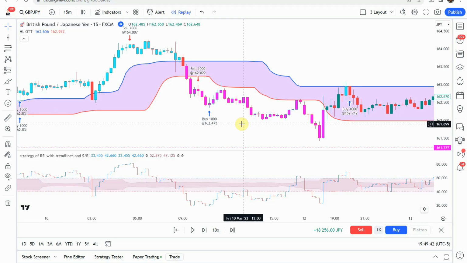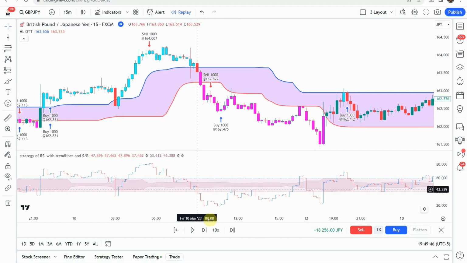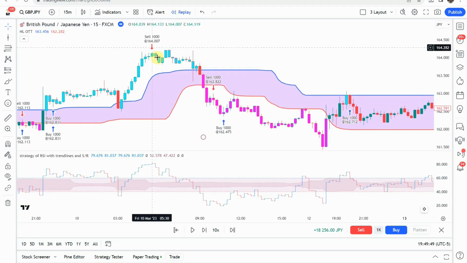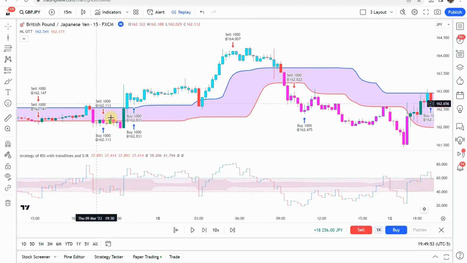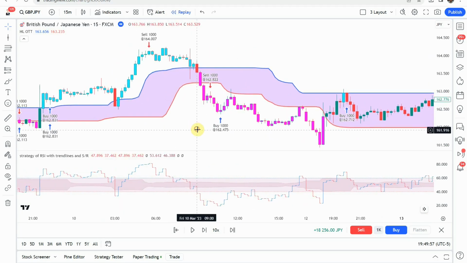Now, this strategy, whenever I tested it, I used the trade function on the bar replay. That's what all these sell and buy tags are that you see here. And so in the 50 trade test, the total profit was 18,256.